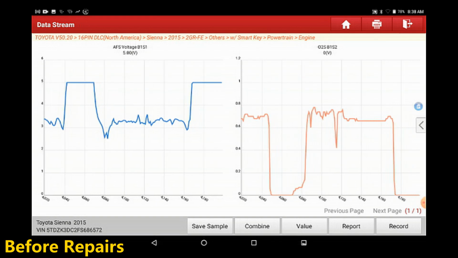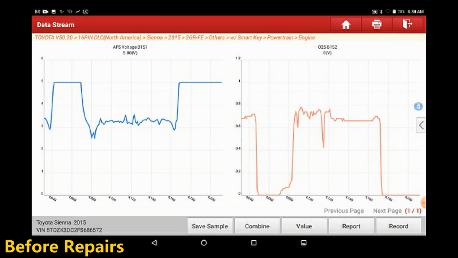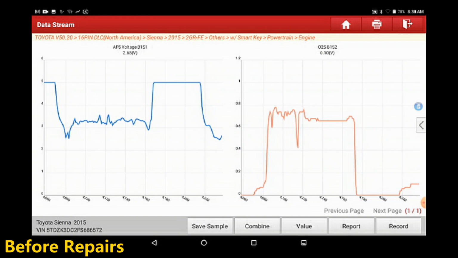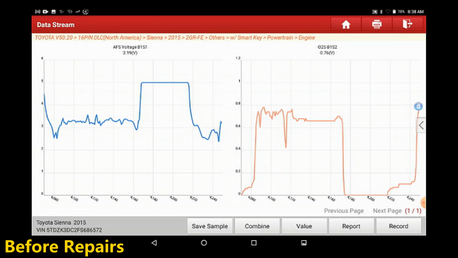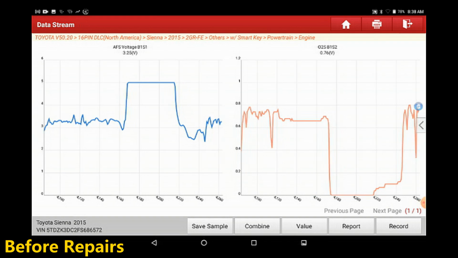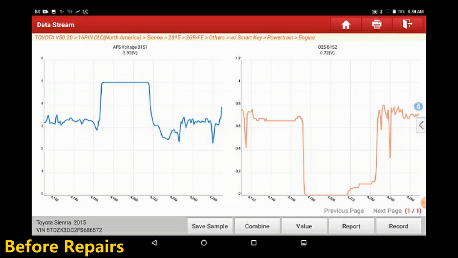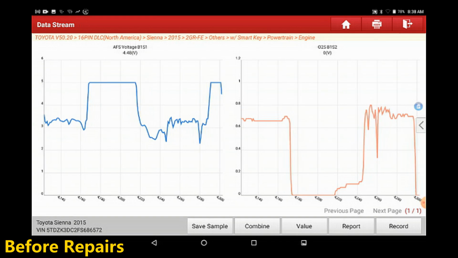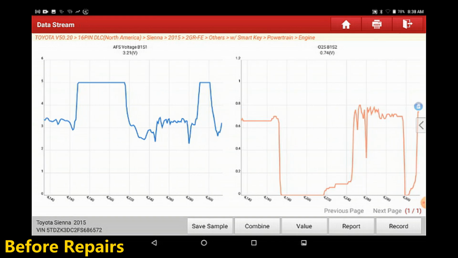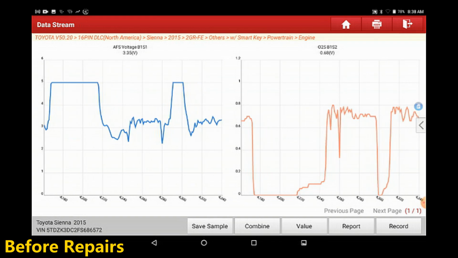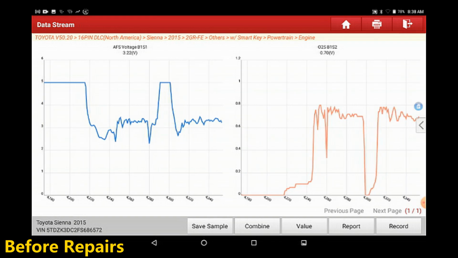And I know that on older vehicles, they may have the upstream as an oxygen sensor and the downstream also as an oxygen sensor. But on newer vehicles now, they have the air fuel sensors as the upstream and the oxygen sensor as the downstream.